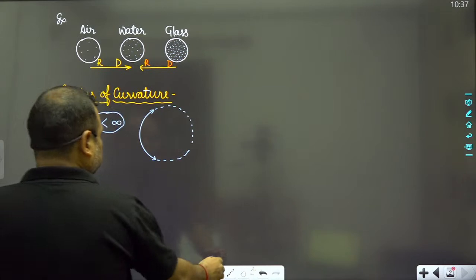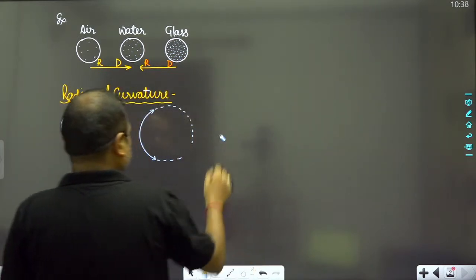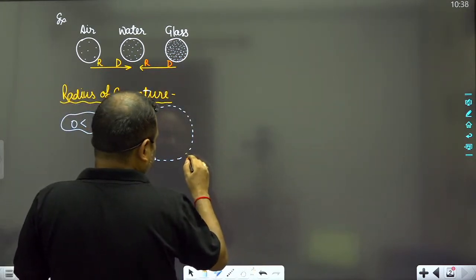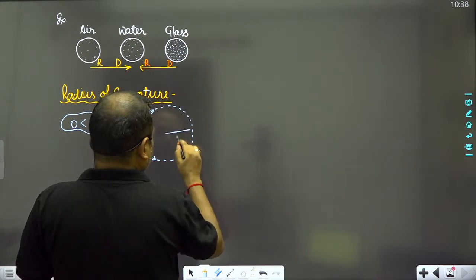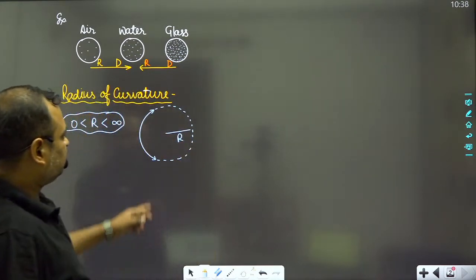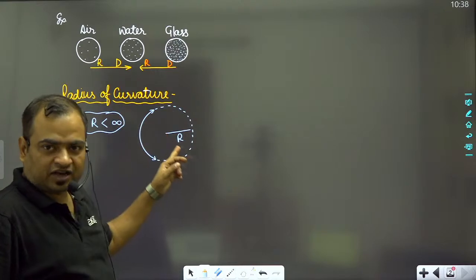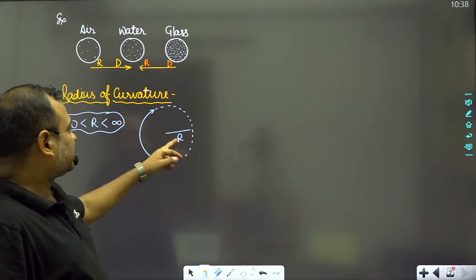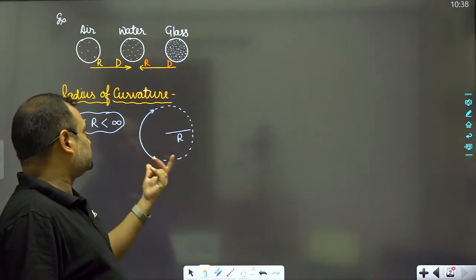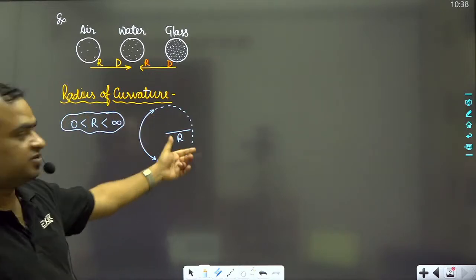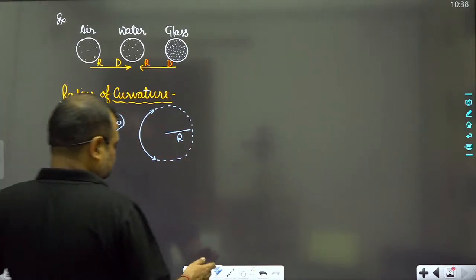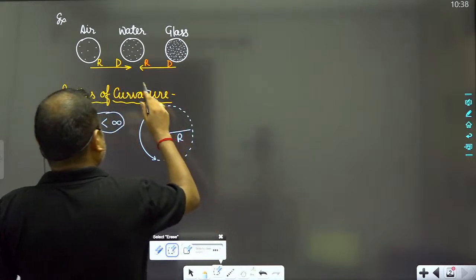If I complete that circle, then obviously a circle will be formed of radius r, and that radius r is known as the radius of curvature for this range.